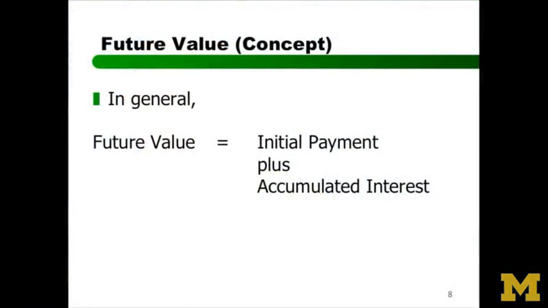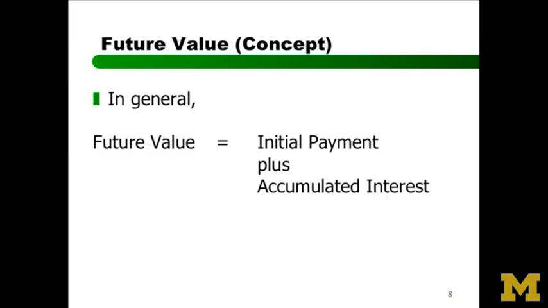So now I'm going to throw the concept at you. It says that the future value of anything that's carried forward has two components. One is the initial payment, which in our example is 100. The other is accumulated interest, which in our example is $10.